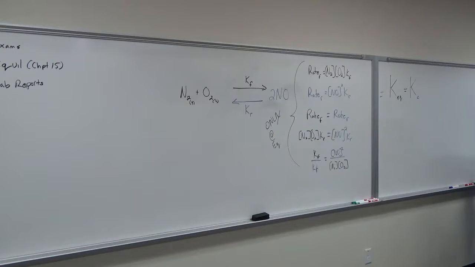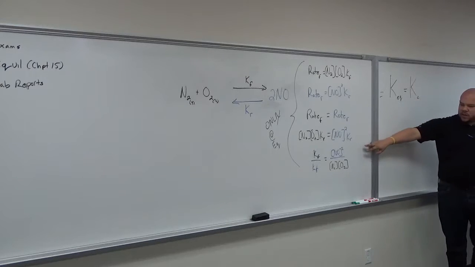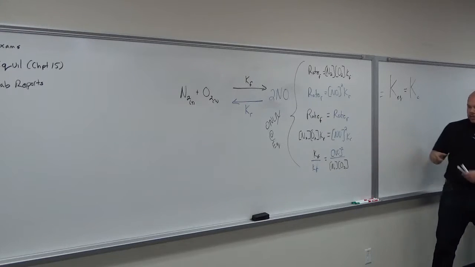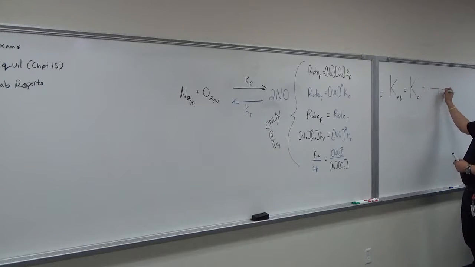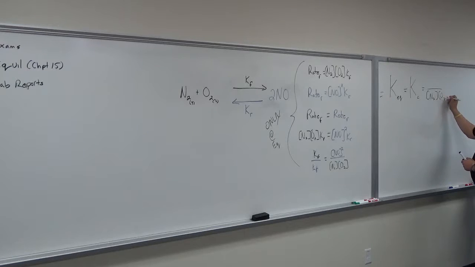KEQ, KC. C standing for concentration, because our units in the equilibrium constant are in concentration. So this is equal to, for this particular example, N2 O2 over NO squared.